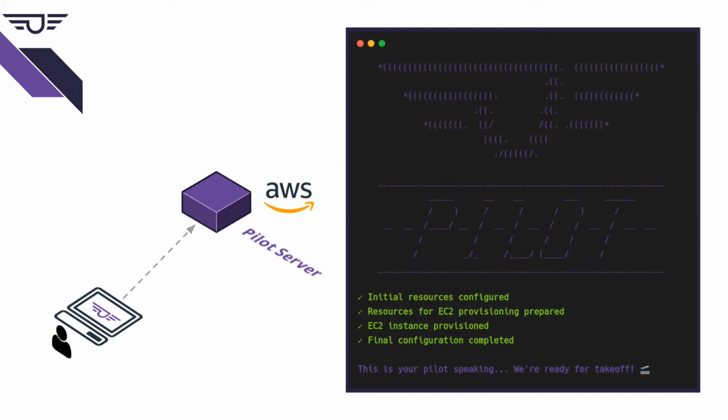We're still able to deploy to both Google Cloud and AWS. All we'll have to do is run the command pilot configure with either the AWS or GCP flag, which configures an IAM service account on the respective cloud provider for the Pilot server to use. So at this point, we have a virtual machine configured with a PaaS, which is the Pilot server, that can deploy new or existing applications to different cloud providers.